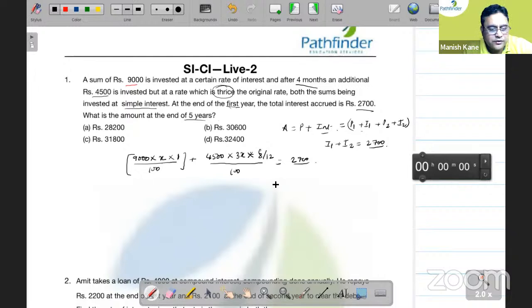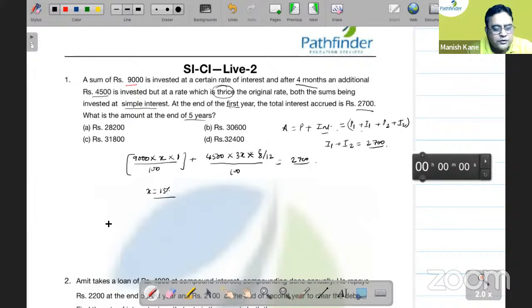Correct? This is the lengthier version of how to solve this question. And now, you will calculate the value of X to be 15%, and then you will apply the simple interest formula on both for 5 years.